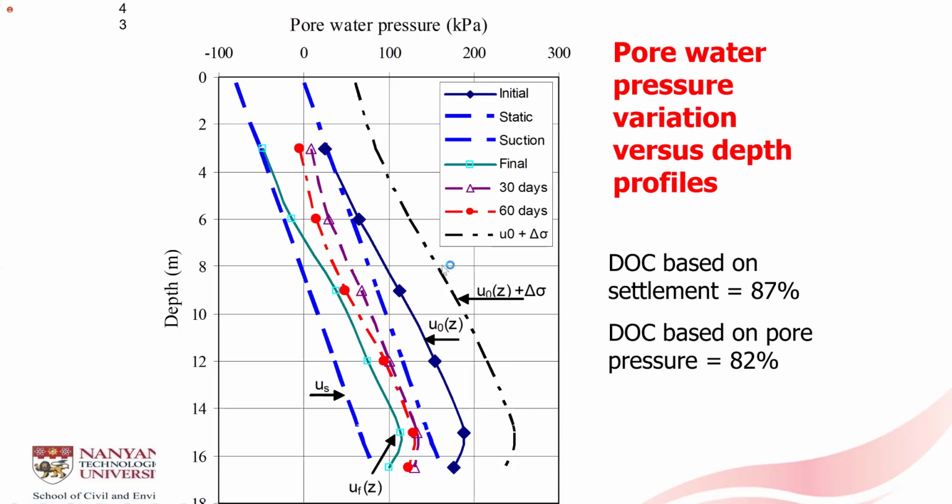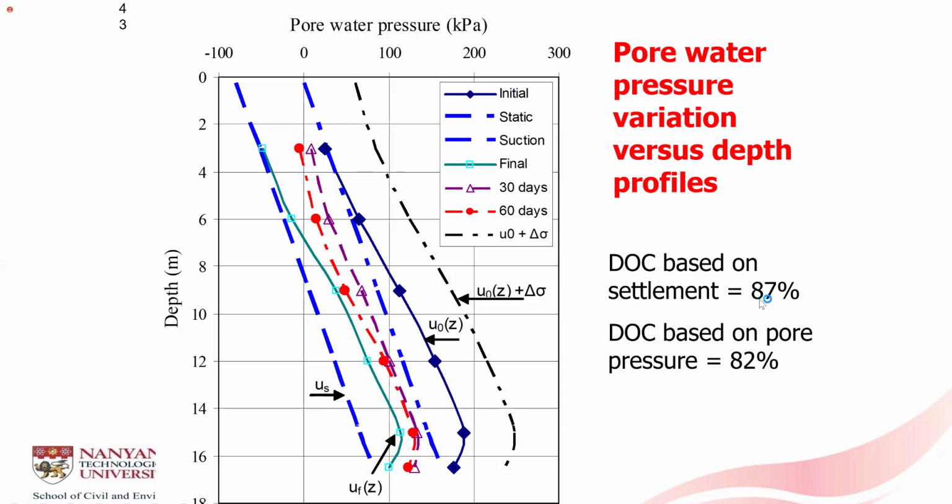Similarly, I calculate the area between the highest pore pressure boundary and the suction line, which is over here, and the area between the final pore pressure distribution and the suction line, and you will be able to calculate the degree of consolidation by pore pressure, which is 82%.